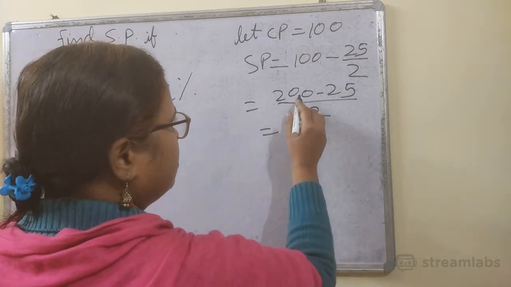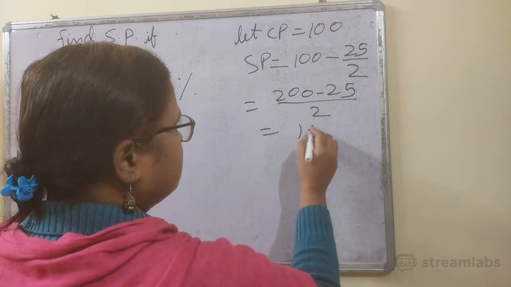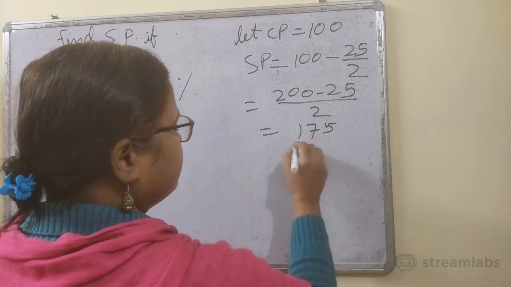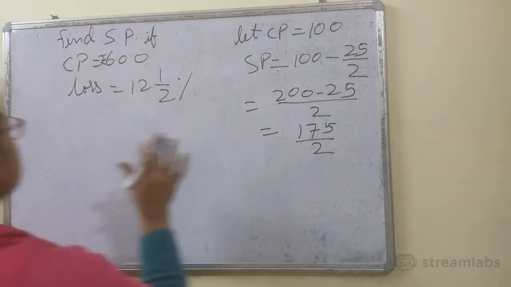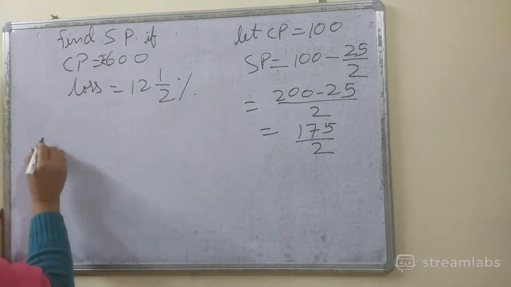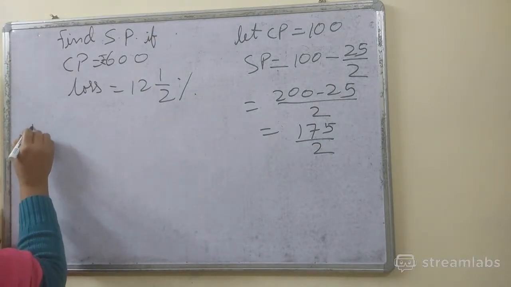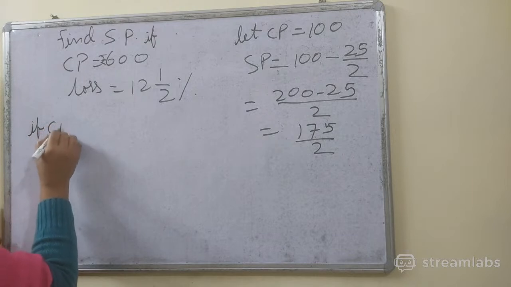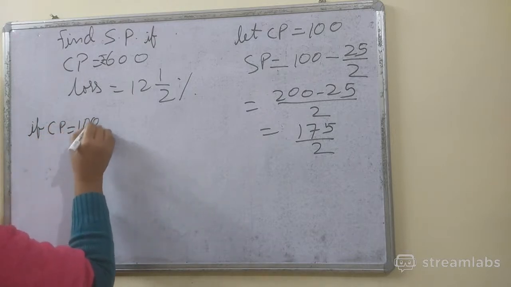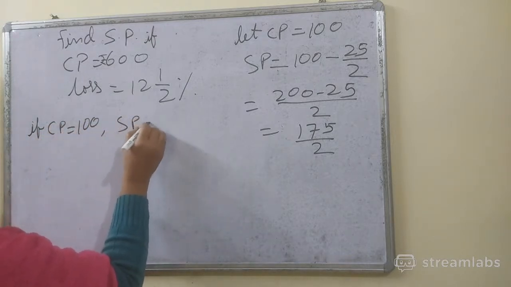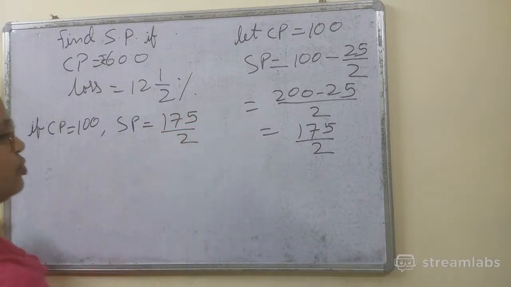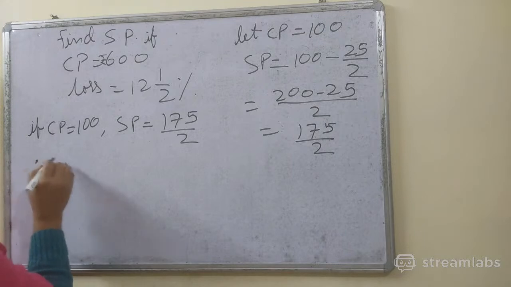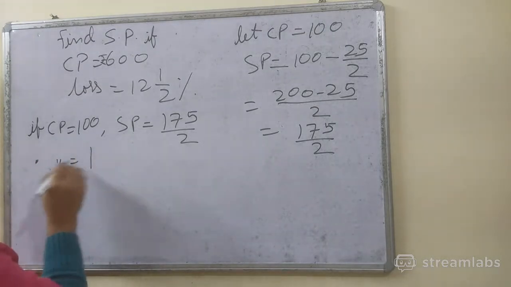So it will be 175 by 2. This is your SP. Clear? So if CP is 100, then SP is 175 by 2.